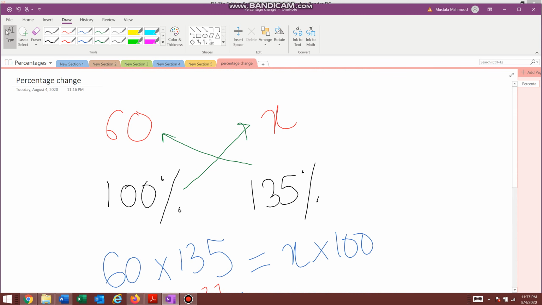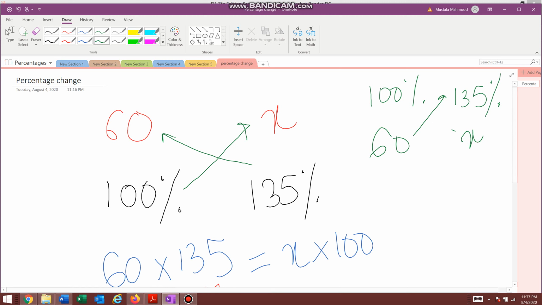It's better that you learn it now, because moving forwards in ratios and rates, we are also going to be using this. So all you do is you can write it like this also. जी मेरा 100% पूरा अभी जो है that is 60. अब मैंने इसे increase करना है 35%. So 100 plus 35 is 135. 135%, and this increased value is what I need to find out, so I'll call it x.